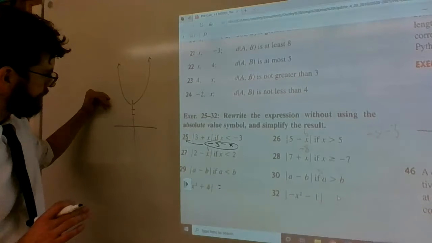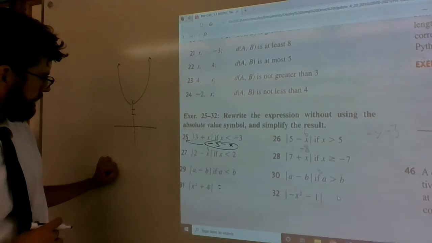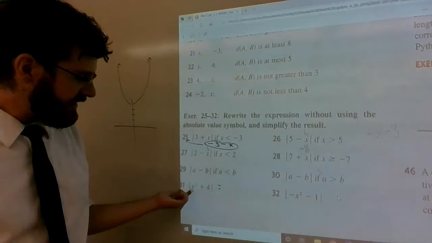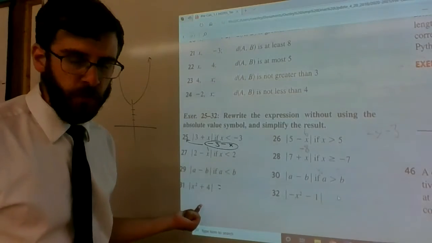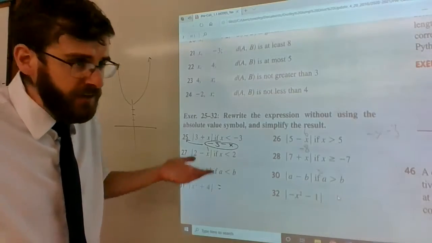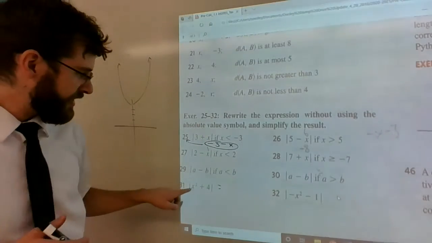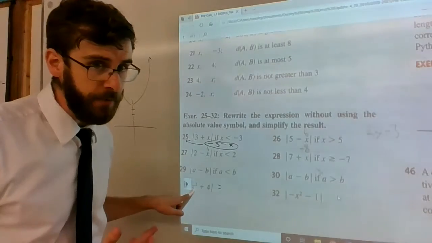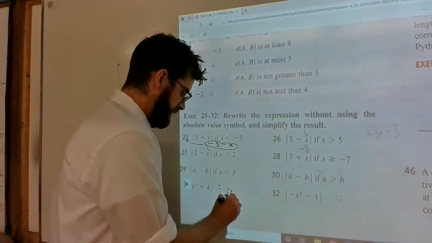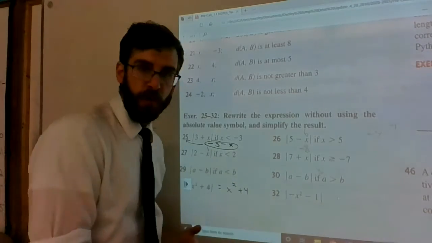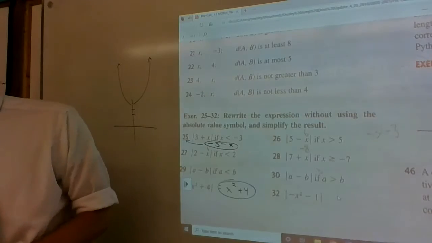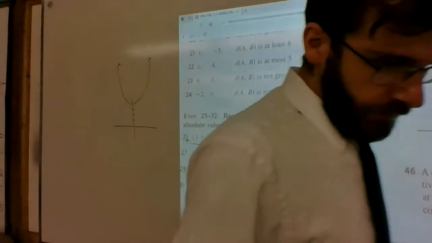When is it below the x-axis? It's never below the x-axis. So saying that we need to take the absolute value of x squared plus 4 is an unnecessary statement. I don't need the bars. It's always going to be something squared, a positive number, plus 4, another positive number. So it's the same as x squared plus 4 without the absolute value bars. All right.